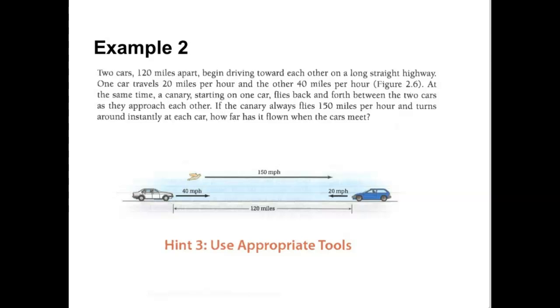The canary always flies 150 miles per hour and turns around instantly each time it reaches a car. So it's just oscillating back and forth between the cars as they approach each other. It's also a very fast canary, 150 mile per hour. How far has the canary flown when the two cars crash into each other?